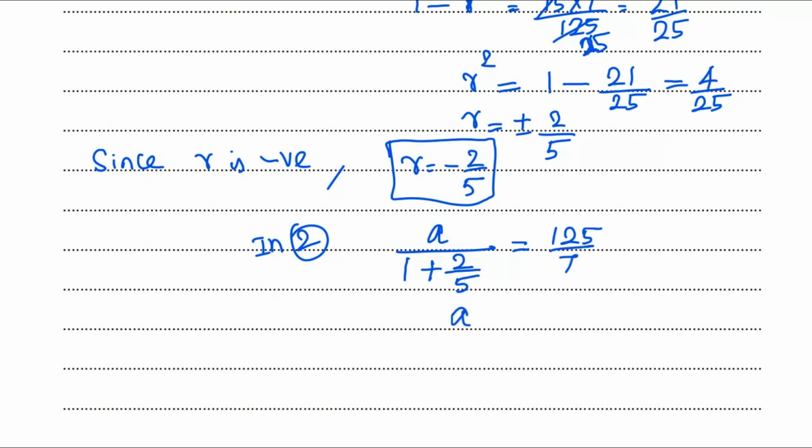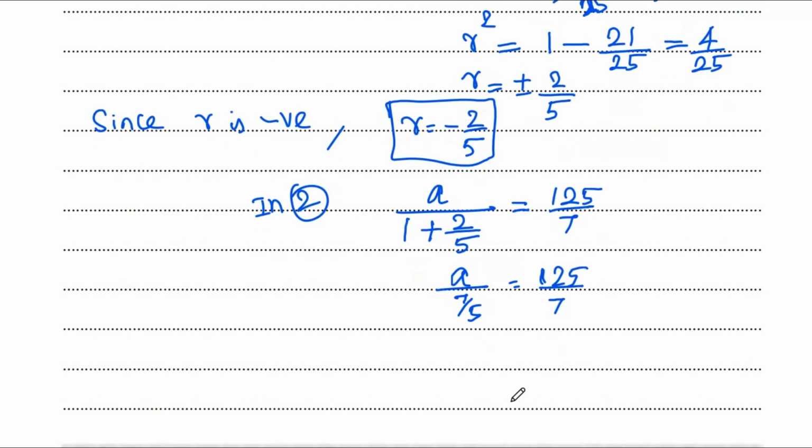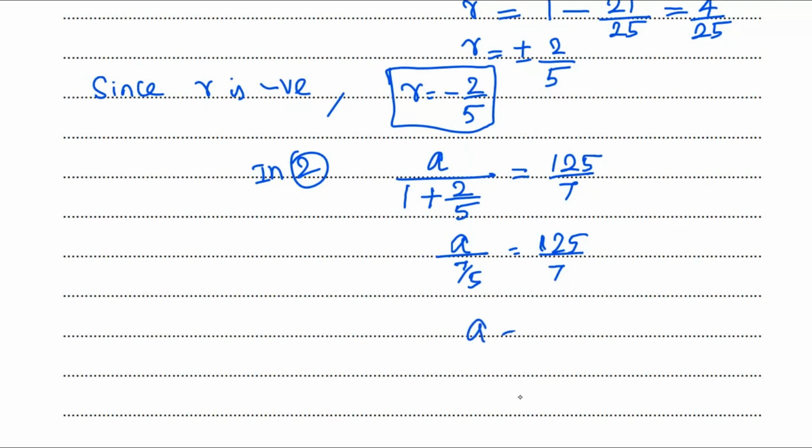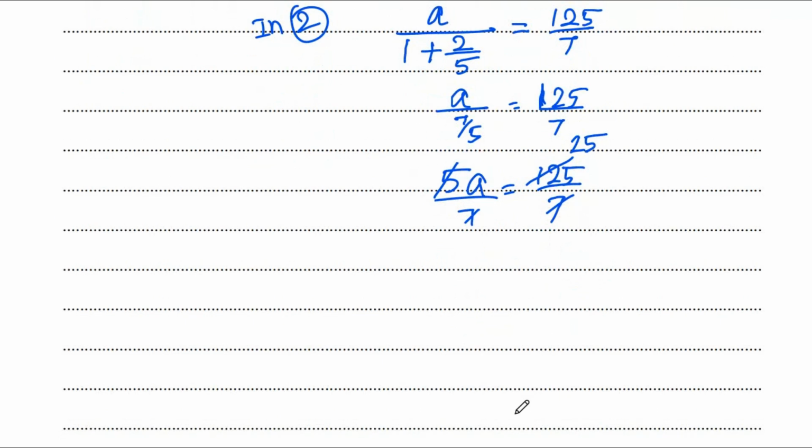So this is A divided by 7 over 5 equal to 125 over 7. So 5A over 7 equal to 125 over 7. We can cancel this and 5 is here 25 times. So A is equal to 25.